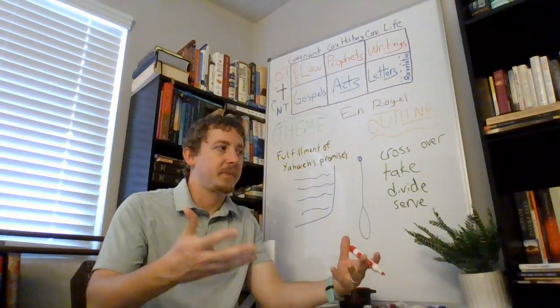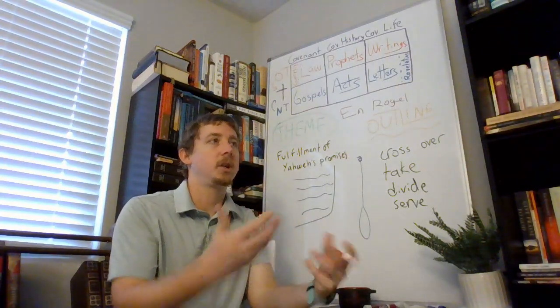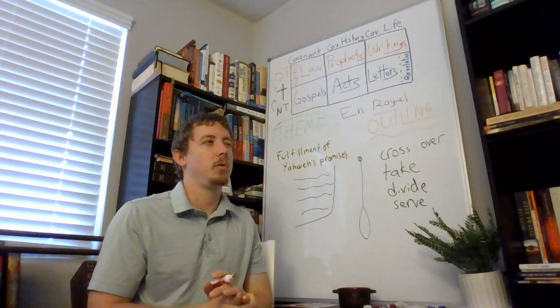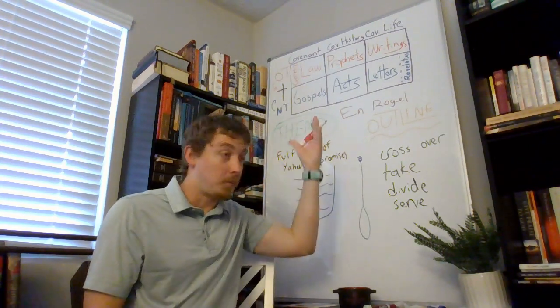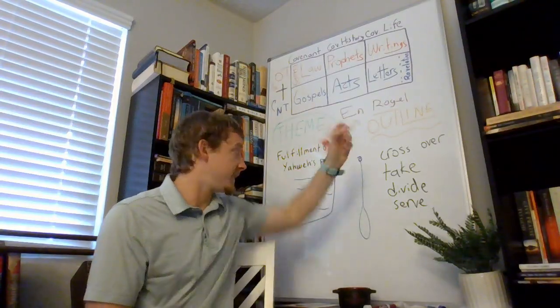Stuff can seem to click a little bit more, I think, if you can visualize where it is on a map rather than just some random name of some random place.